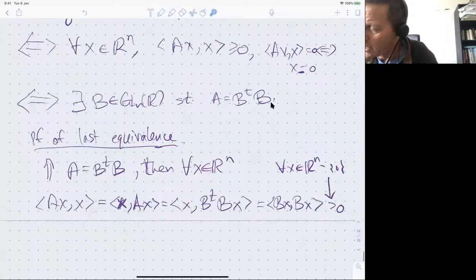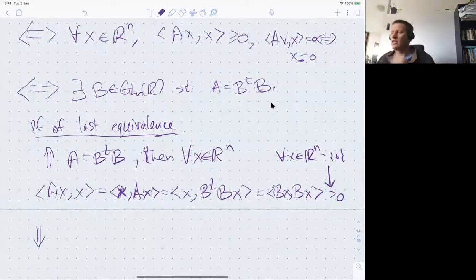And in the converse direction, suppose we know that a matrix is positive definite.